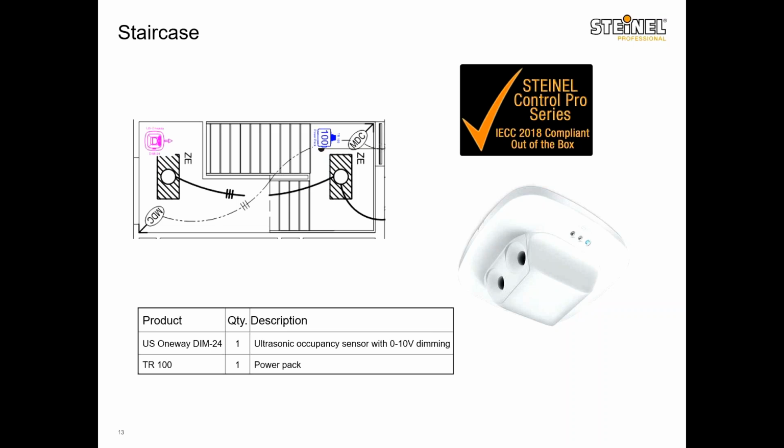The advantage of having an ultrasonic in a staircase is that as soon as you start turning the door handle, the lights will turn on. So when you open the door completely, the lights are already on, and you don't have to step into a dark staircase and wait for the PIR sensor to see you to turn the lights on.